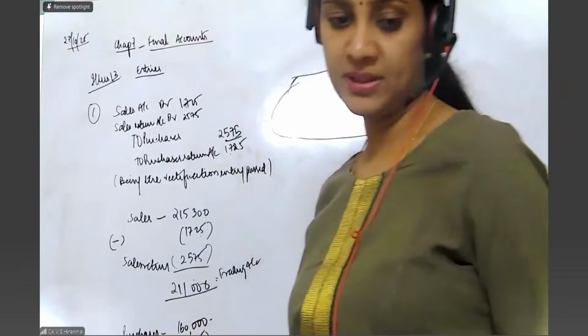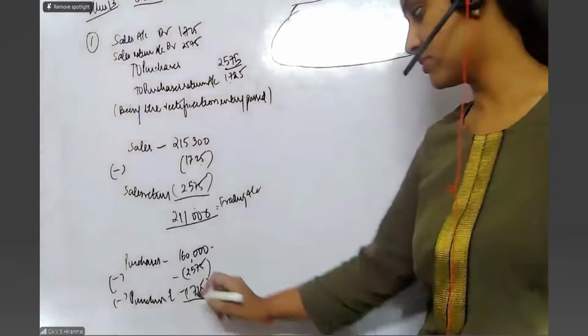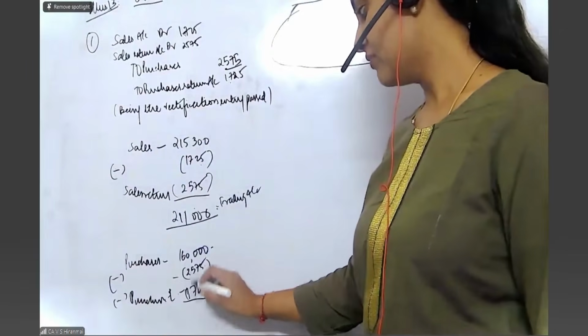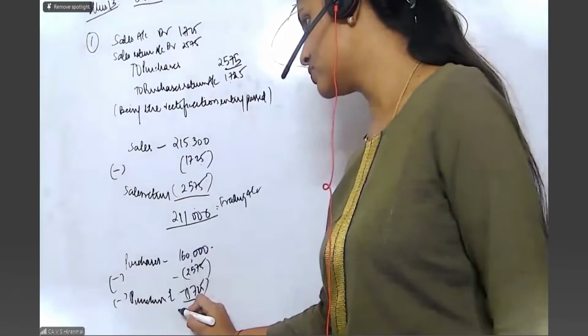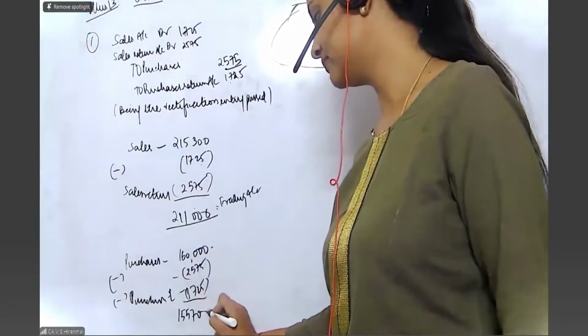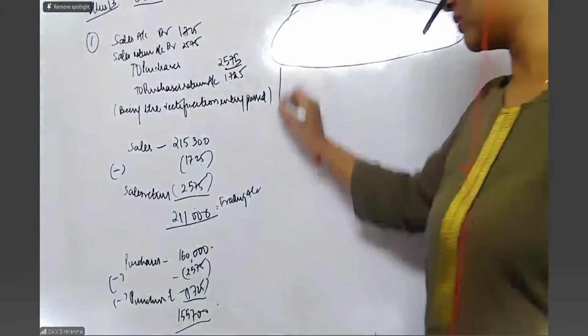Here also this particular amount is to be reduced. How much will it come to? So this much is with regard to this particular adjustment.